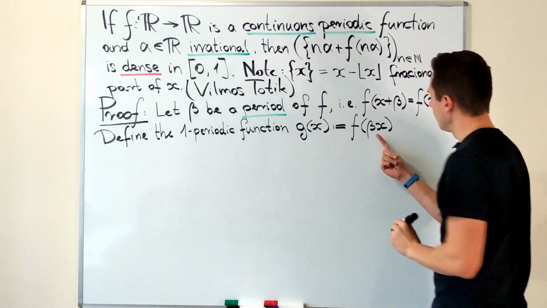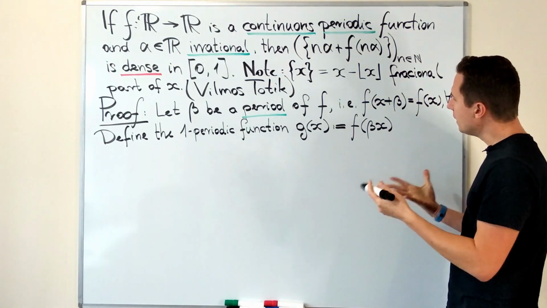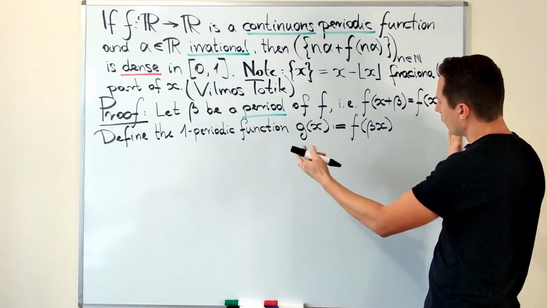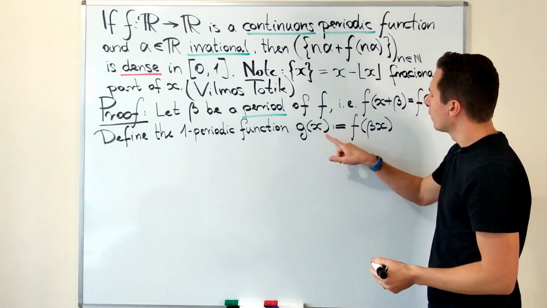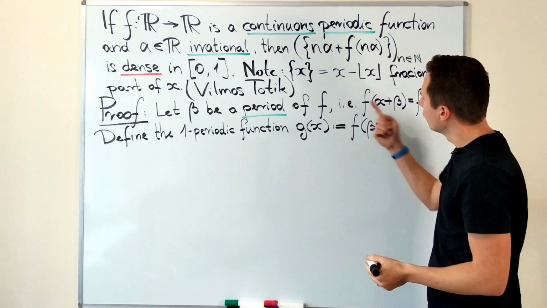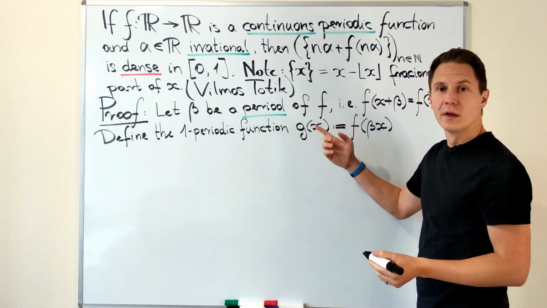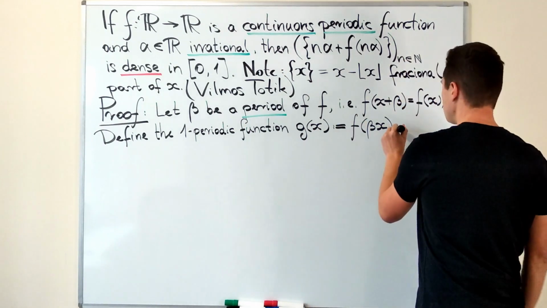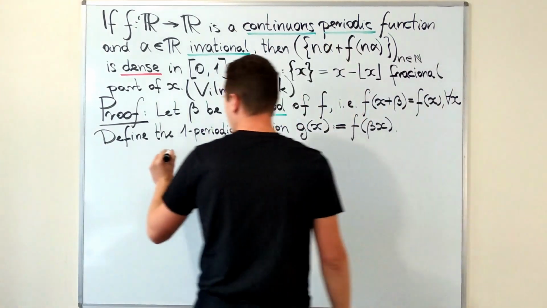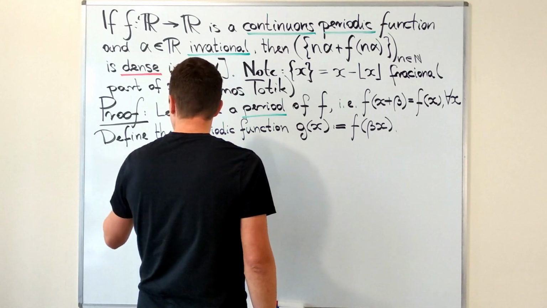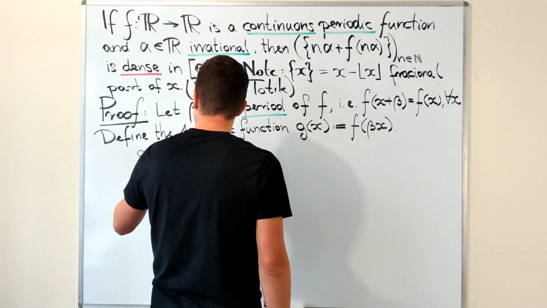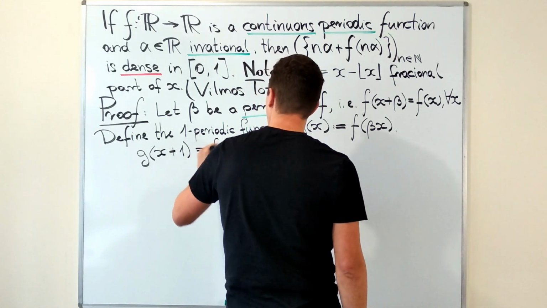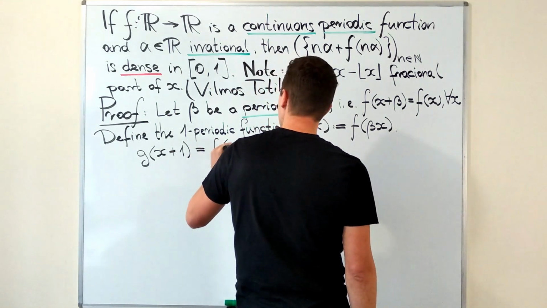So I multiply the argument of f by beta, and with that scaling in the horizontal direction, I achieve that this function will have a period of 1. Just to check that, let me calculate g of x plus 1. By definition, that's f of beta times x plus 1.